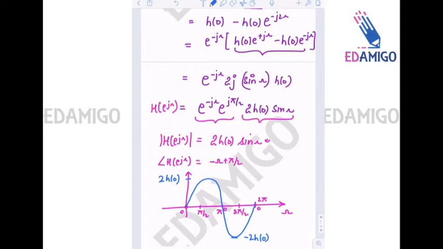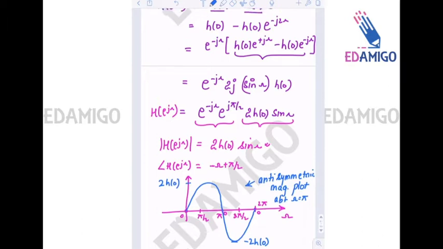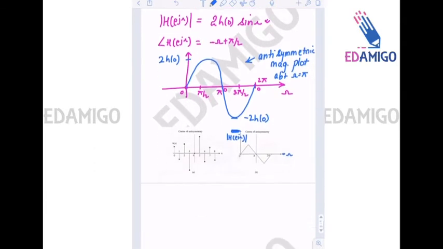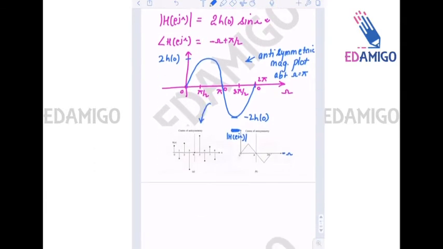Okay, so we can say that the magnitude plot is anti-symmetric about sigma equals pi. Okay, now this result is valid for bigger values of n also, because here you can see the result for n equals 9.